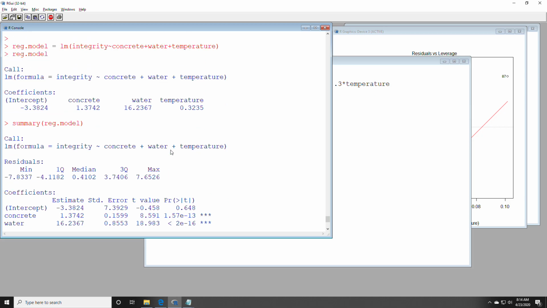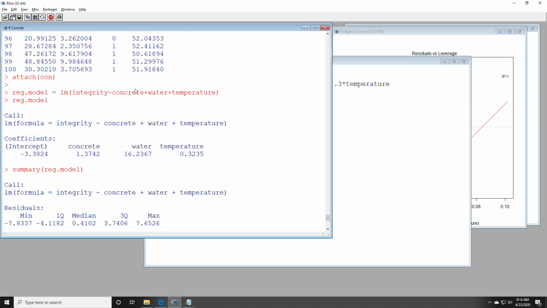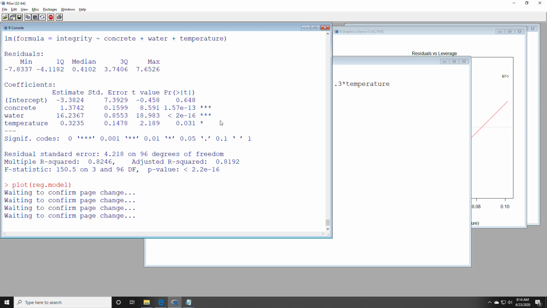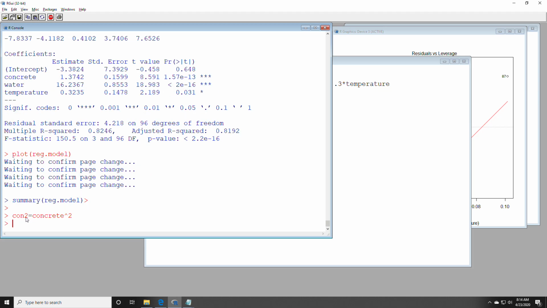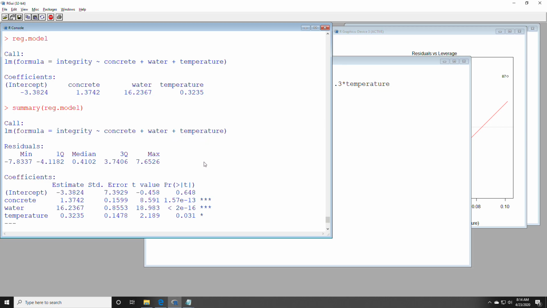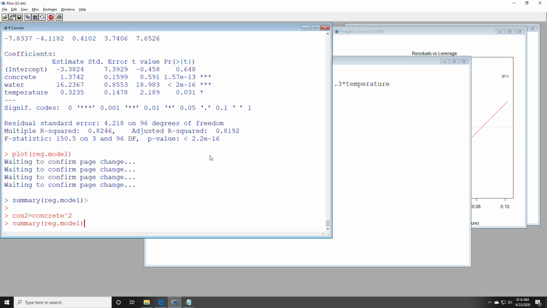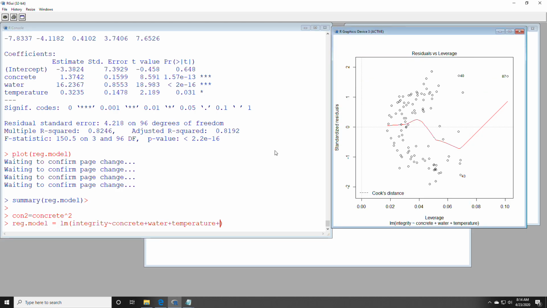Then you could put integrity is equal to concrete plus water plus temperature plus con2 plus watt2 plus temp2. Okay, that's how you could add squared terms. And a lot of times that is necessary, right? That fixes it, but we could also look too, though.